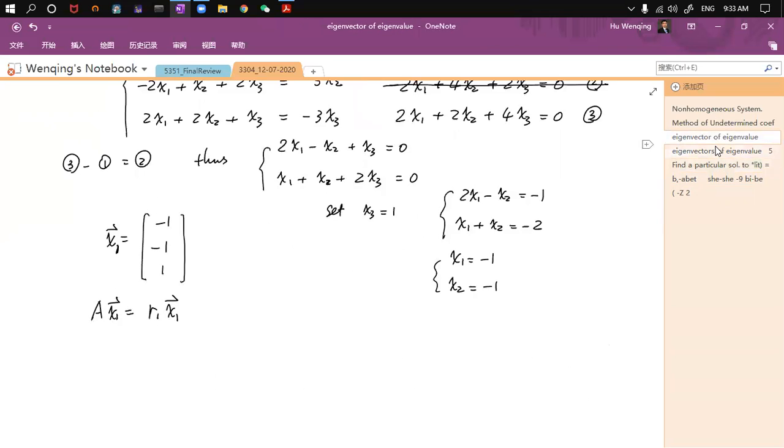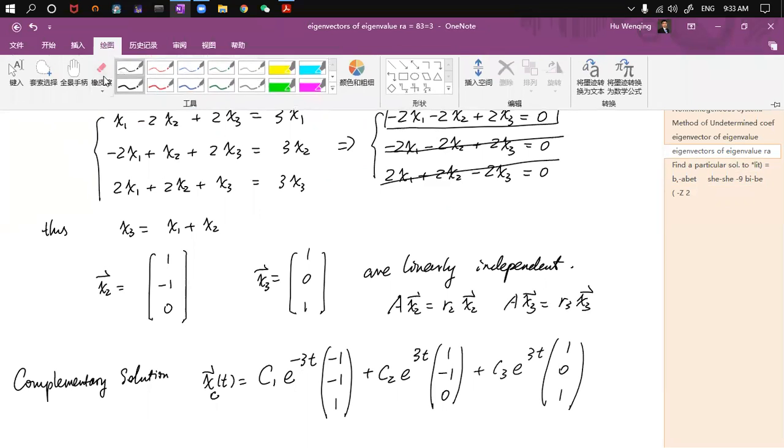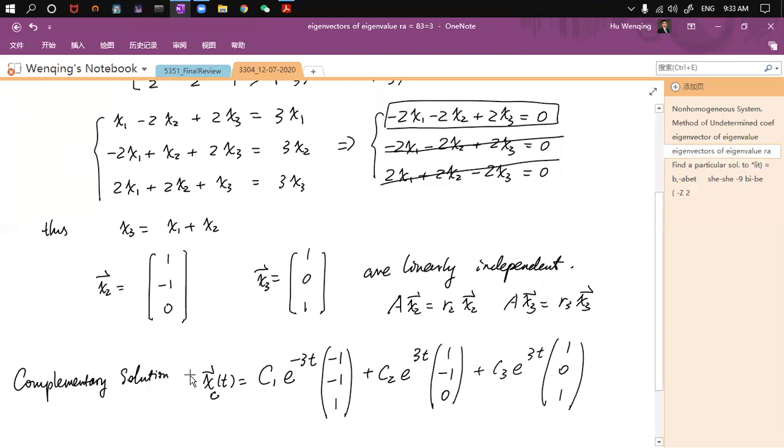Now we have fully understood this problem. There is a complementary solution, and there is a particular solution. So we have to combine the complementary solution with the particular solution.